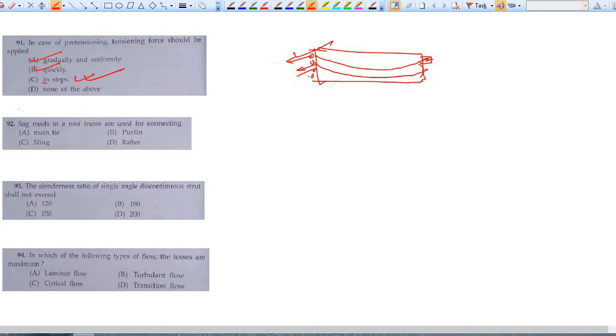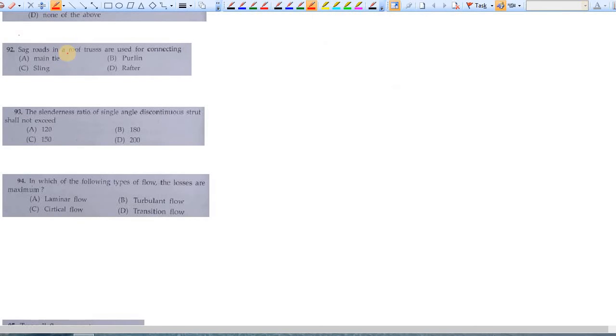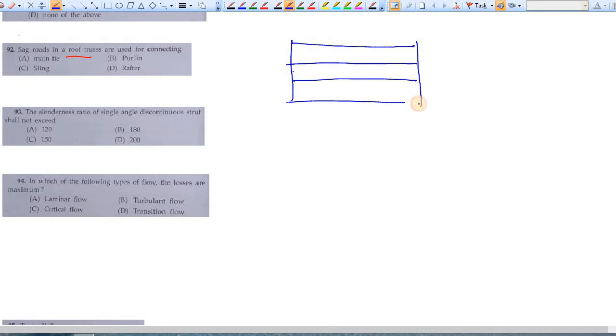Okay, next is your sag rod. Sag rods in hook truss are used for connecting. Well, if you don't know what a sag rod is, let's say this is the plan of the roof, this is the truss, so of course there are purlins like this. And this purlin may be subjected to lateral forces. The lateral forces may be applied anywhere, maybe due to wind or maybe accidental.